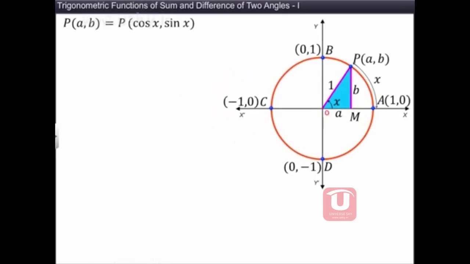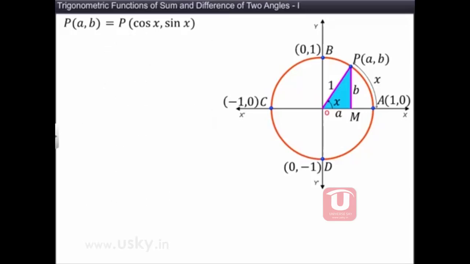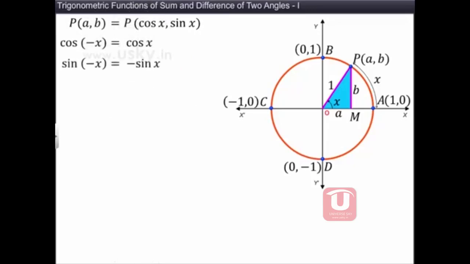As we already know, on a unit circle, the coordinates (a, b) of any arbitrary point P are given by (cos x, sin x), since the x-coordinate and the y-coordinate of an ordered pair represent the cosine and sine of the corresponding angles. Also, cos of minus x is cos x, and sine of minus x is equal to minus sin x.